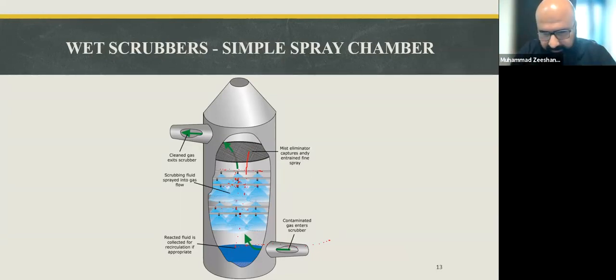In this movement of dirty gas and water in opposite directions, somewhere in between they get a chance to collide with each other. In that collision, the particulate matter attaches some water with it, and that ultimately increases the weight of the particulate matter, and it falls down along with the water, and comparatively cleaner gas is received at the top.